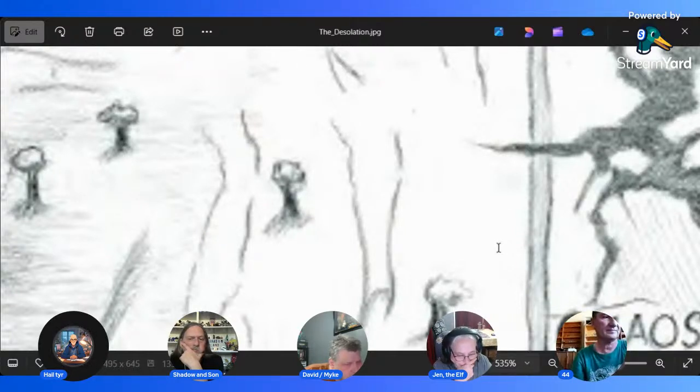There does seem to be some creatures moving around here. They look like bipedal lizard-like creatures with anteater-like noses.